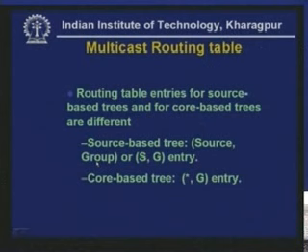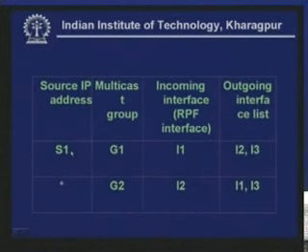Routing table entries for source based trees and core based trees are different. For a source based tree, it's a source group or S,G entry. For a core based tree, naturally anybody can be communicating, so it is a star comma G entry. So the entry has the source IP address, the multicast group, the incoming interface, that is the RPF interface, and the outgoing interface list.